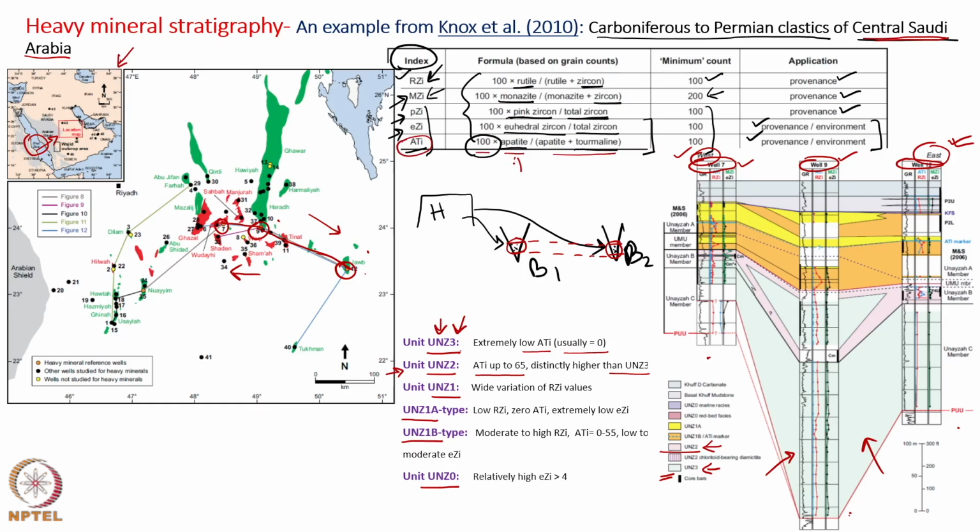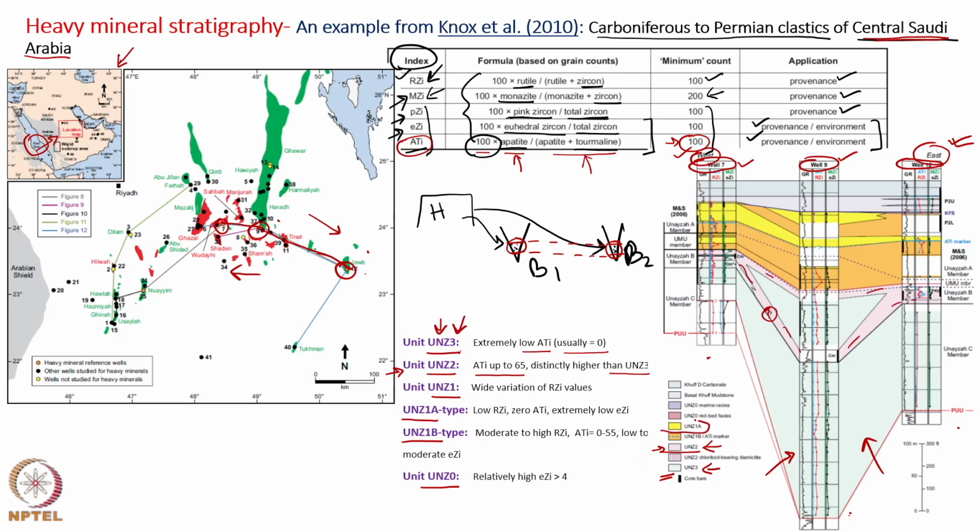The number of apatite grains is written in the numerator and the total number of grains of apatite and tourmaline is kept over here. The minimum count of grains has been 100. UNZ2, given by this color, can be seen over here, here and here, and in this way the correlation has been made. But a question exists: how good is the correlation? So a question mark is kept over there by the authors.